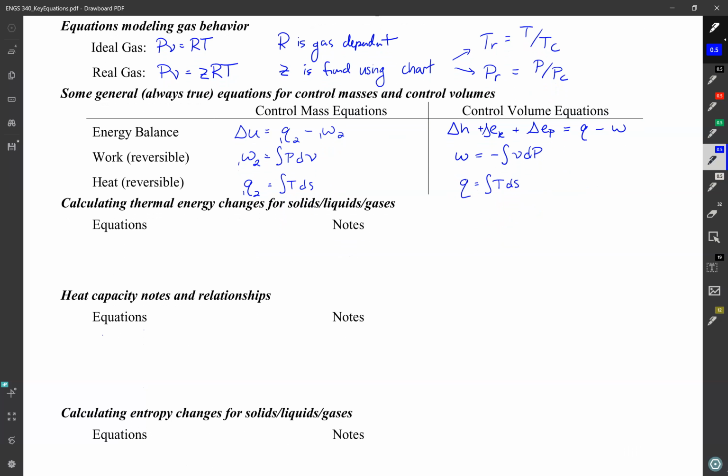We're often going to be calculating thermal energy changes, enthalpy or internal energy.